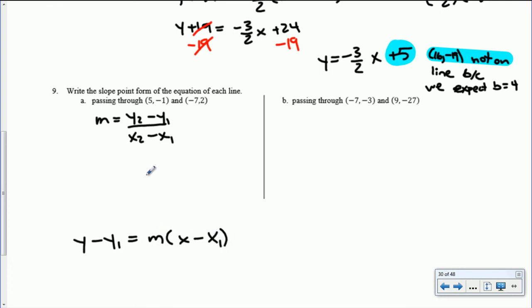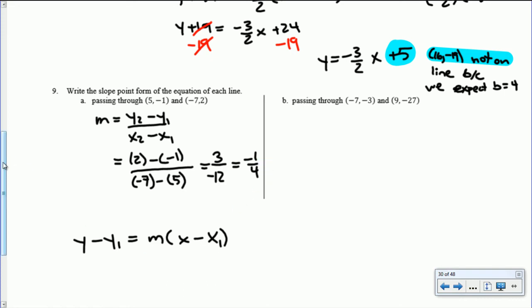We need the slope. So y2, I'll put 2, y1, negative 1, x2, negative 7, x1, 5. So 2 subtract negative 1 is 3, negative 7 subtract 5, negative 12. This simplifies to -1/4.